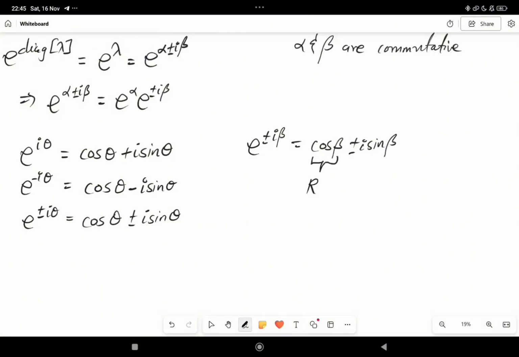We have the real part of E to the power I beta, and this will be the imaginary part of E to the power I beta.